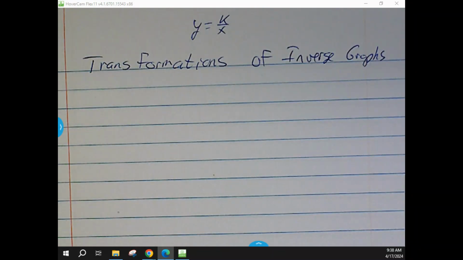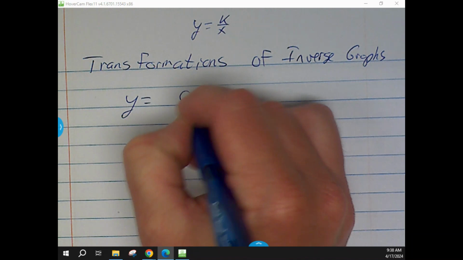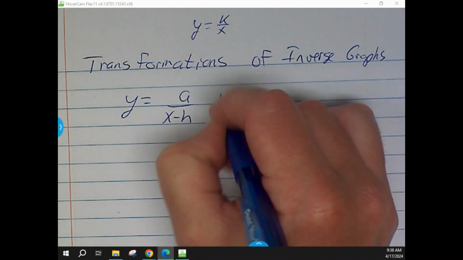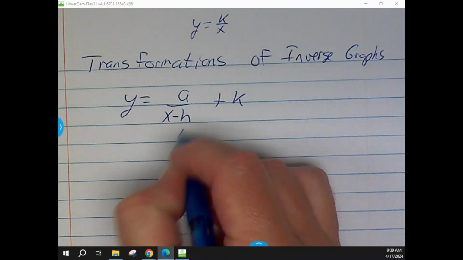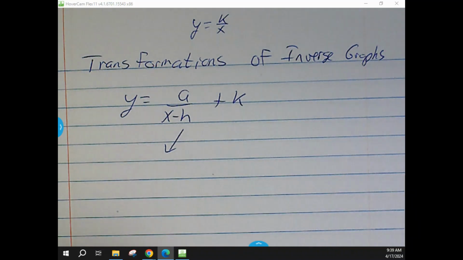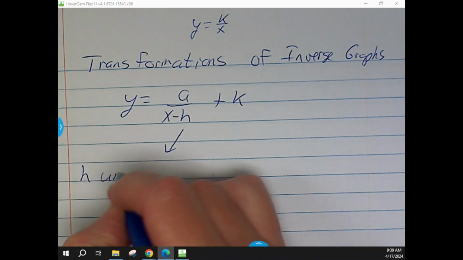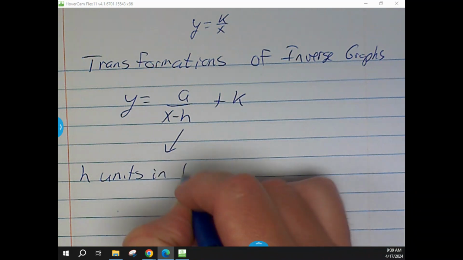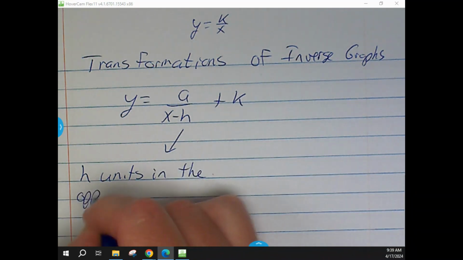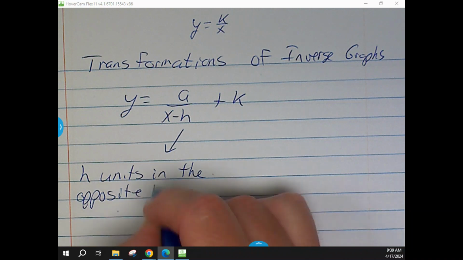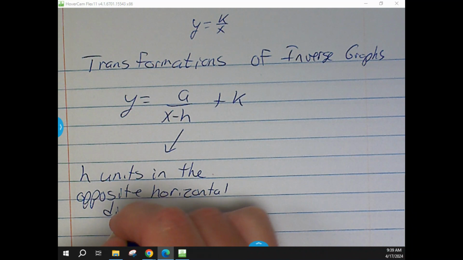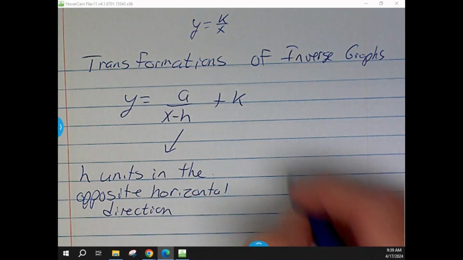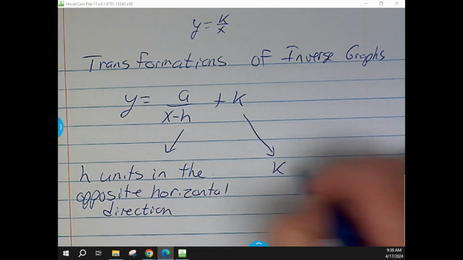So with transformations, it comes down to this. How we found h and k with the vertex when we did quadratics, this one's going to be basically the same thing. The h that's down here in the denominator is h units in the opposite horizontal direction. And then the k value, that's your vertical movement.